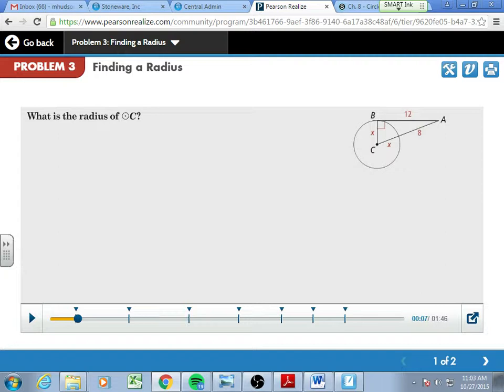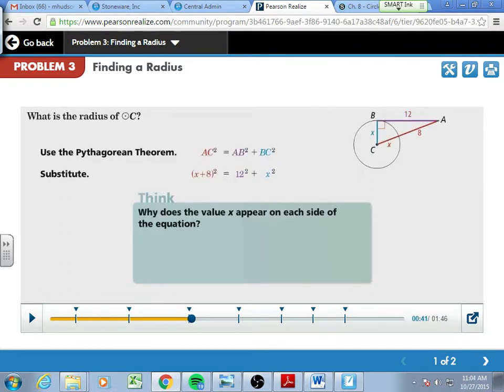So it'd be 8 plus x squared together in parentheses equals 12 squared plus x. So now we're getting to squaring binomials. When we square the binomial, we gotta FOIL it. If you guys haven't seen FOIL yet, we're taking x plus 8 times itself.